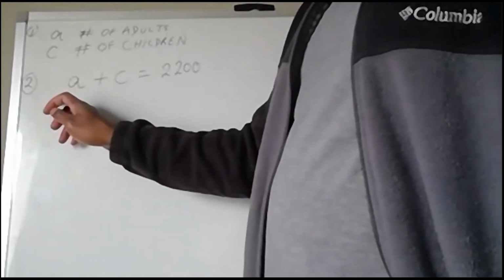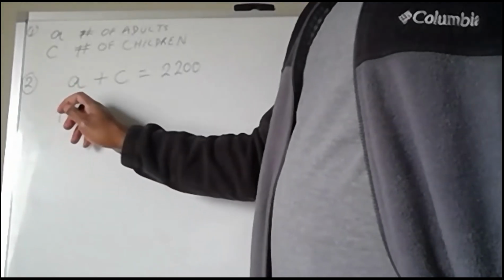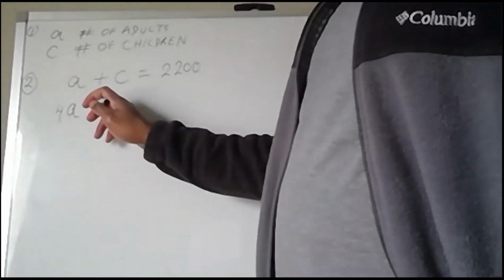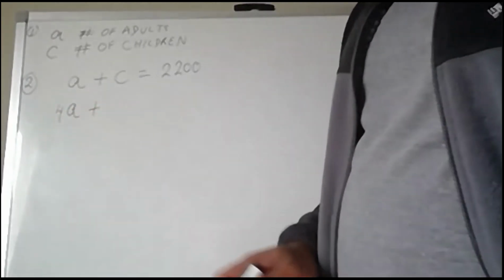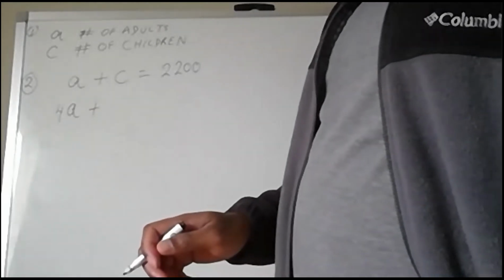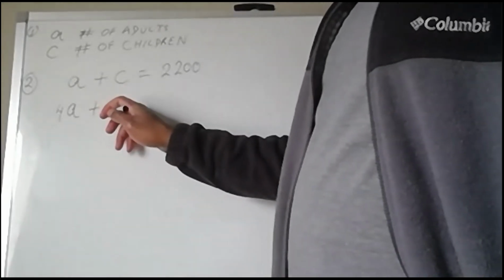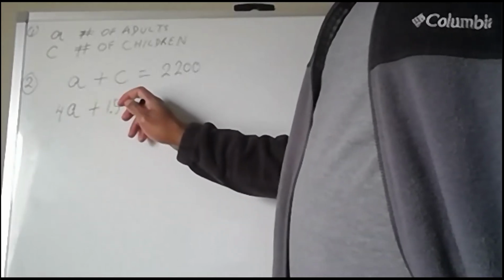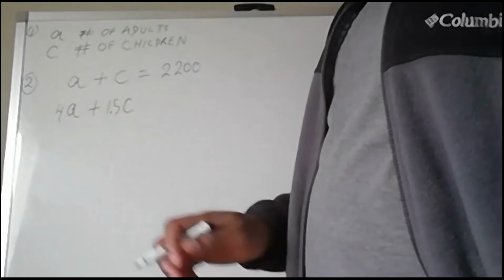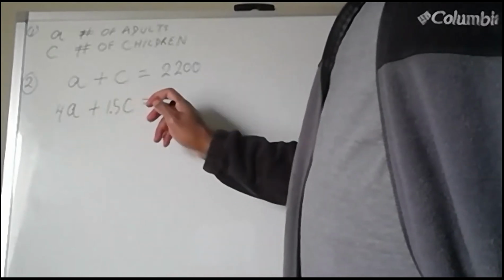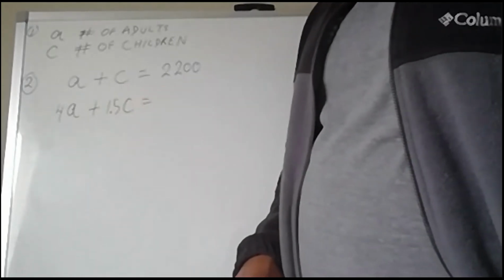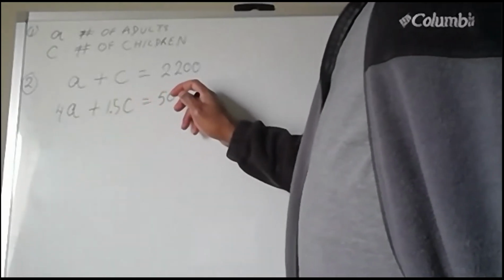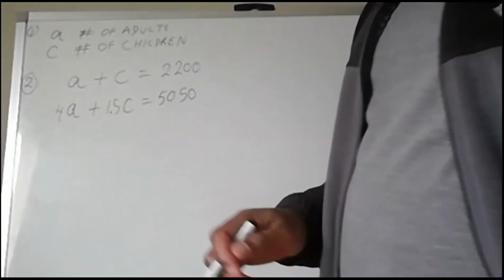So here I'm going to say $4 times A, the number of adults, plus $1.50 times the number of children is equal to $5,050.